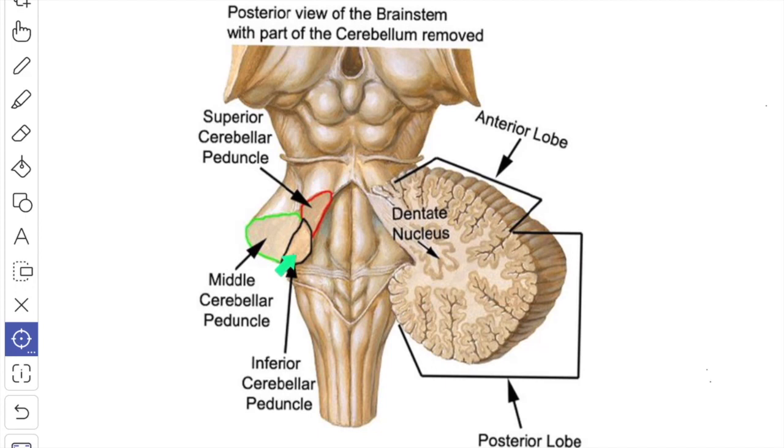The inferior cerebellar peduncle is also called the restiform body, and it is formed on the posterolateral aspect of the upper half of the medulla oblongata. The two peduncles diverge as they ascend and pass into their respective cerebellar hemisphere.